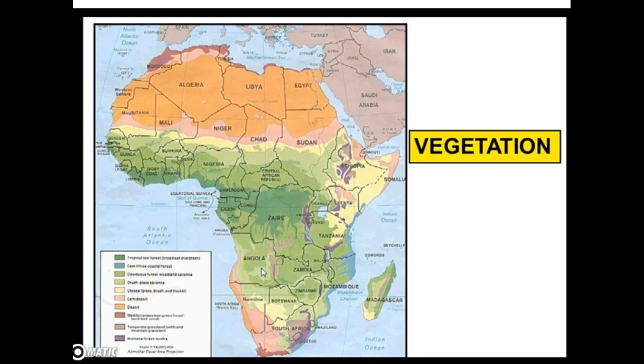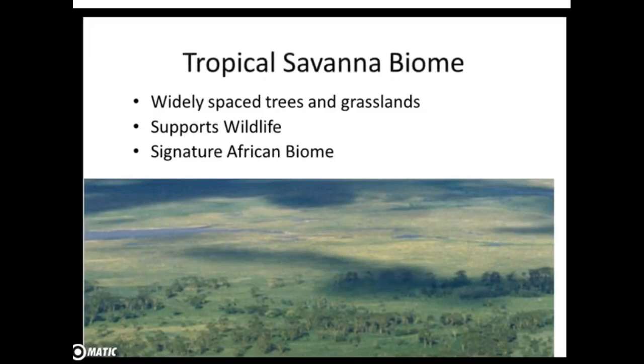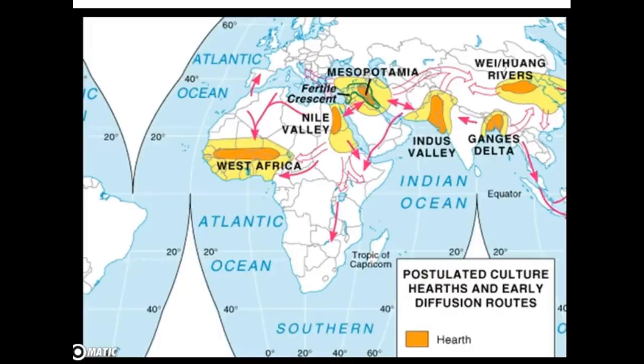And this is important because the tropical savanna biome is really kind of the characteristic vegetation community of sub-Saharan Africa, characterized by widely spaced trees and grasslands, as you see in the image below, supports the great wildlife herds of Africa, and is really kind of the signature biome of Africa.